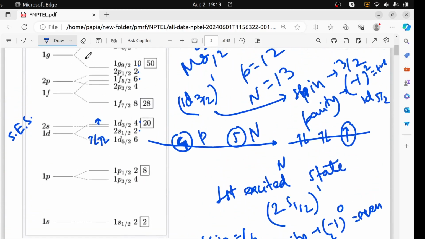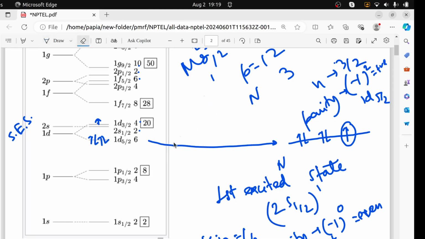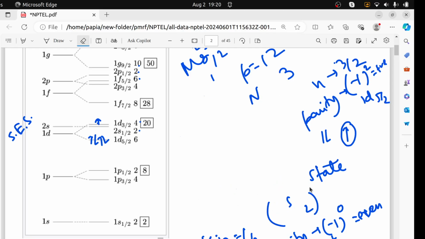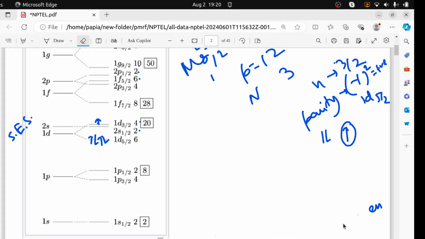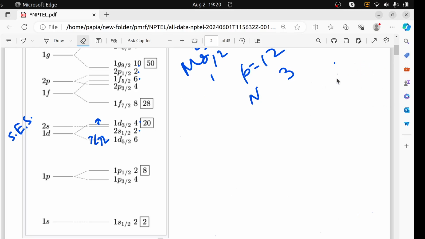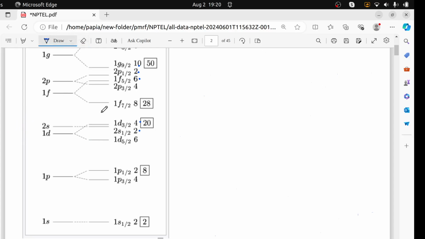So where will 17 contribute? Neutron number is 17, so 2 plus 8, total 8 was there, then 8 plus 6 is 14, 14 plus 2 gives us 16.